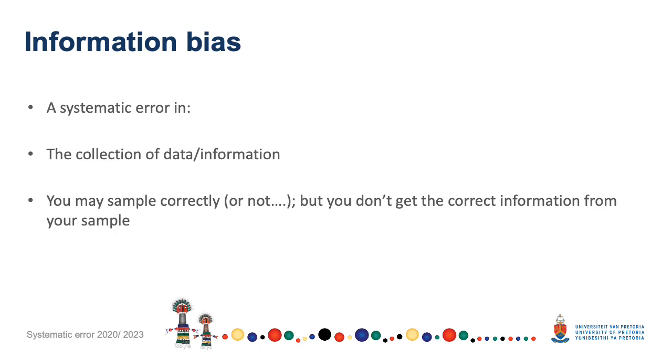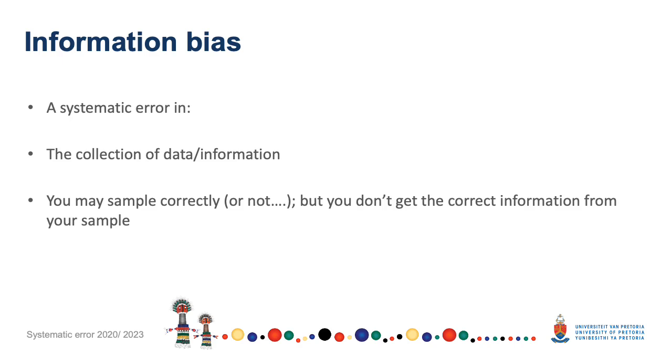Now, having dealt with selection bias, we're going to talk about information bias. So you might have selected an appropriate sample, so there's no sampling bias, but you now have a systematic error in the collection of data or information from your unbiased sample, and that may give rise to bias.